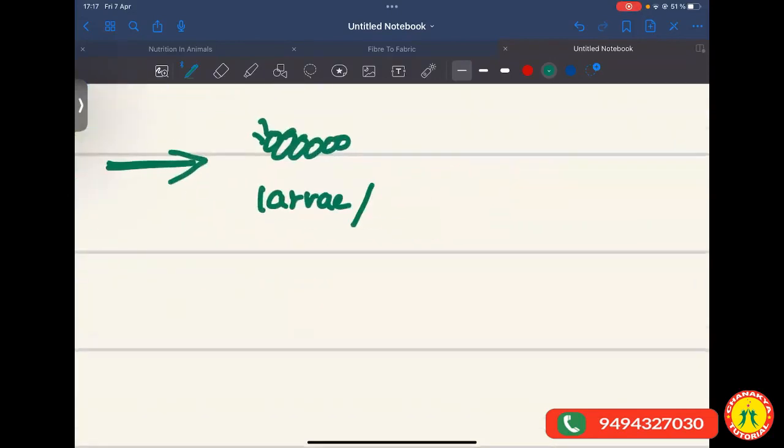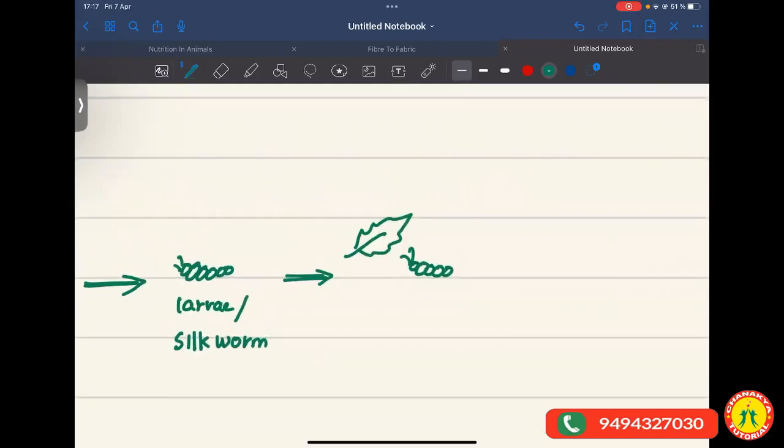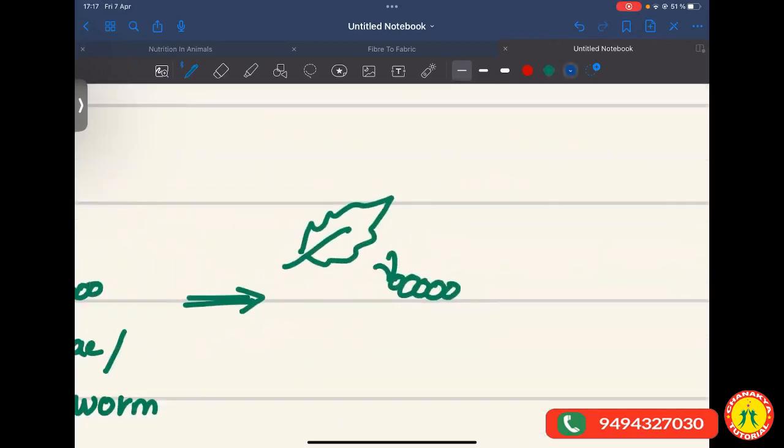You can call it a silkworm. This silkworm is fed hundreds and thousands of leaves, and these are not ordinary leaves. They are called mulberry leaves.